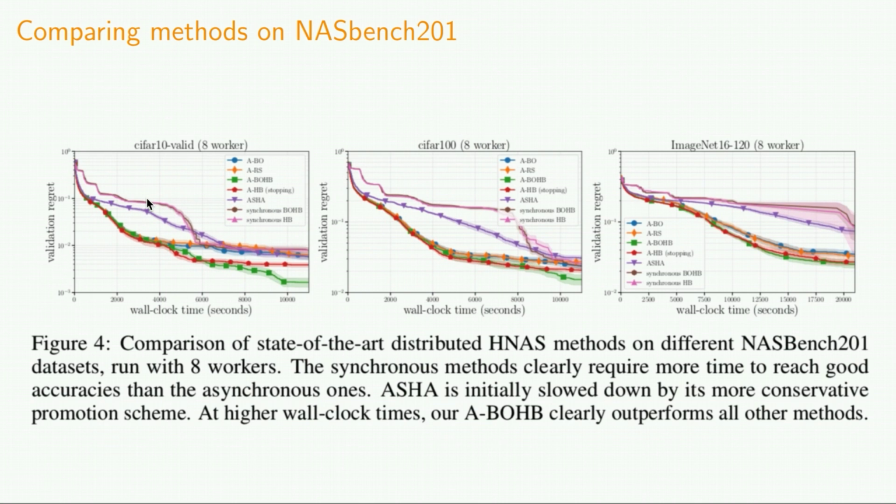And among the asynchronous approaches, we see that the model-based approach is able to improve quite substantially compared to the non-model-based approach, at least in these first two examples. Compared to here, the advantage is less. In all those cases, we ran those experiments on 8 workers, and this is just a sample of the results that we obtained.